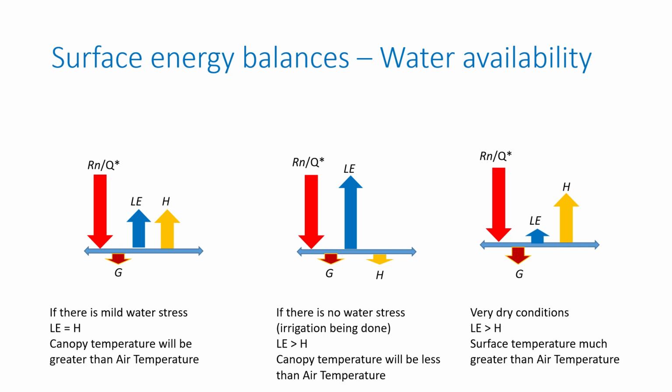Now what we can do is look into a strategy for how to read surface energy balance vis-a-vis change of the surfaces. For example, to simplify, we have put here 3 conditions. In the first case, we have a very mild water stress.